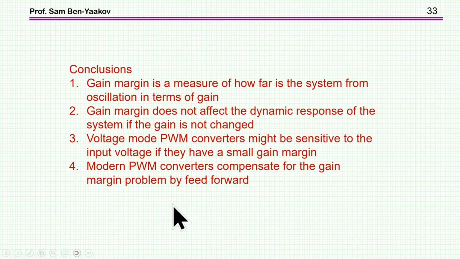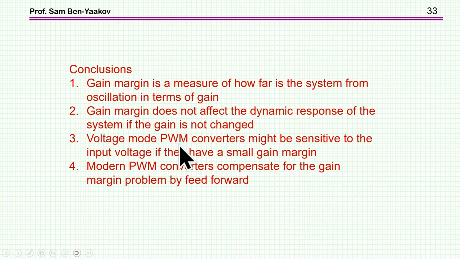So what are the conclusions of this presentation? Gain margin is a measure of how far the system is from oscillation in terms of the gain. Gain margin does not affect the dynamic response of the system if the gain is not changed. We've seen that if a system has a relatively small gain margin, it really doesn't make any difference as far as the response, given a certain phase margin.